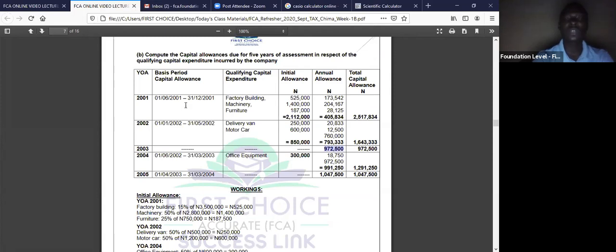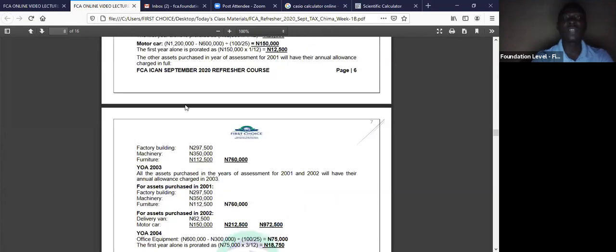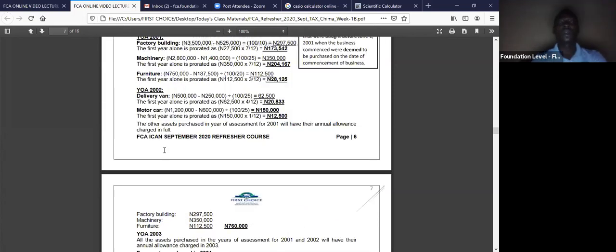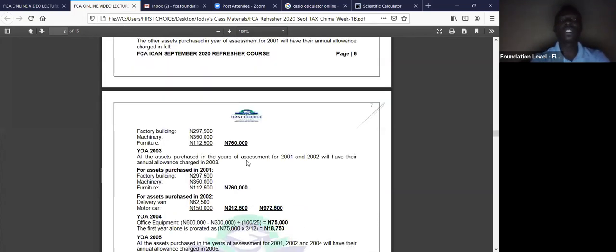So let's look at how we got it. How did we get that figure? Remember, we are in 2003. So all the assets purchased in the year 2001 and 2002 will have their annual allowances charged in 2003.